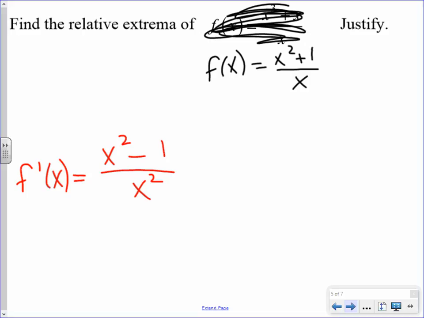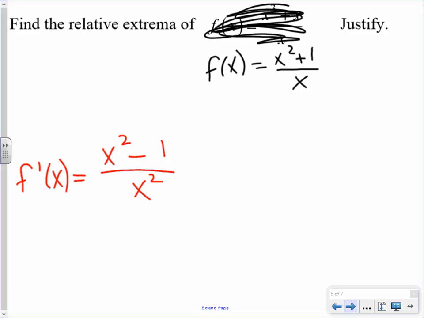So I would just leave this as x squared minus 1 over x squared. So what you have is a fraction and a fraction.